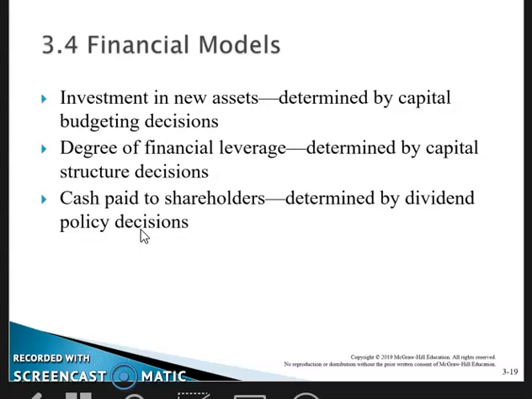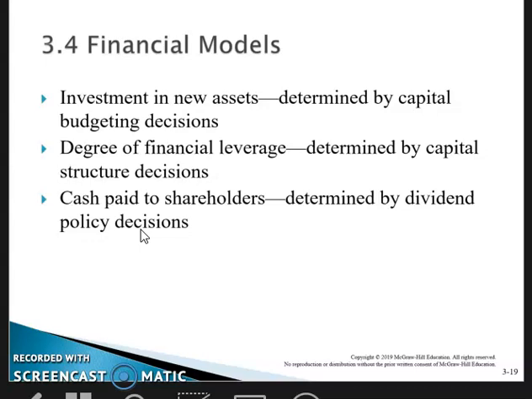So we've talked a lot about dividend policy, and whether to pay out or not pay out dividends. It's important to remember that paying out dividends when the company has projects that will generate returns above the cost of capital would actually decrease the value of the firm.